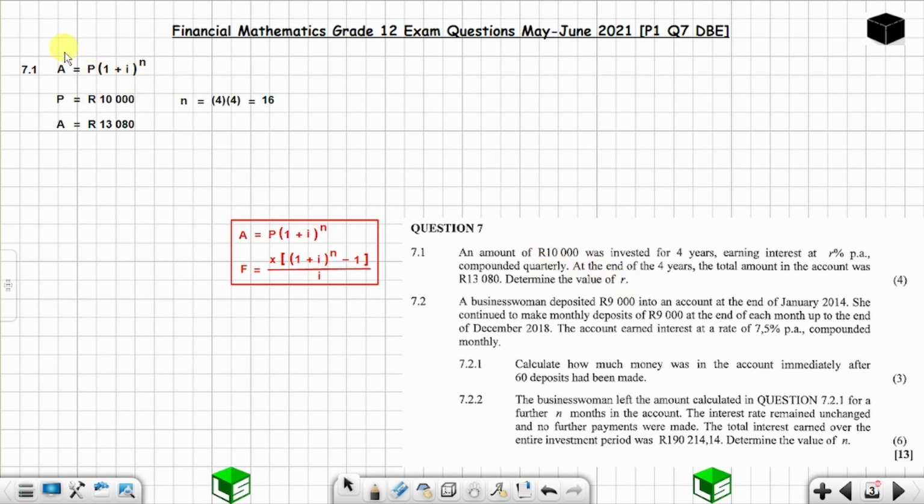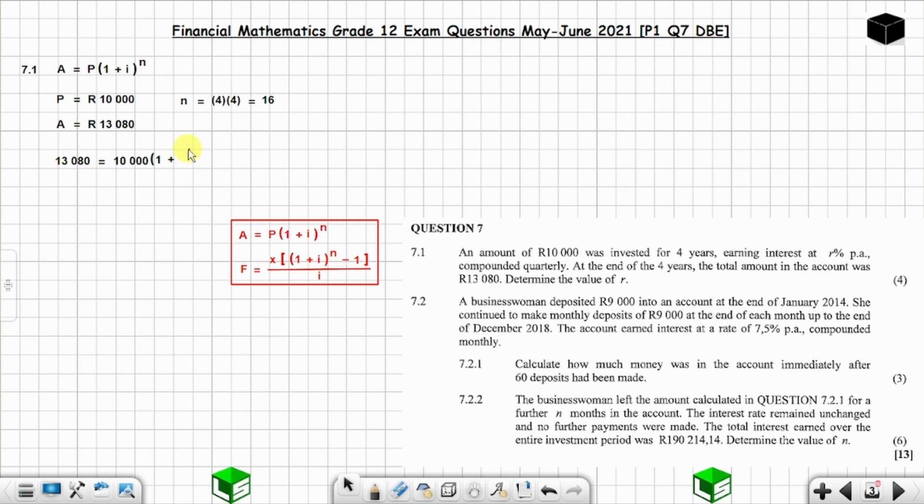So let's plug all the values that we have in there, and then we can get I, and from I, we are going to get R. So you have A is equal to P times in bracket 1 plus I. I is going to be written in decimal.